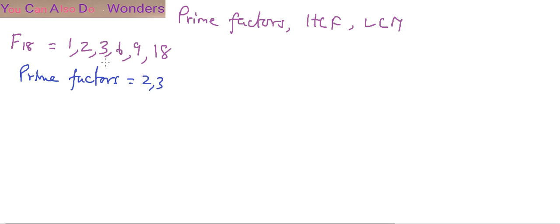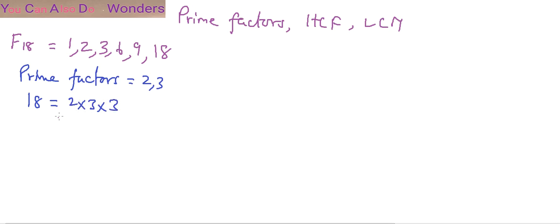Actually, any number can be written as a product of prime factors. For example, 18 can be written as a product of 2 and 3, so it can be written as 2 into 3 into 3, isn't it? Like this, any number can be written as a product of prime factors.